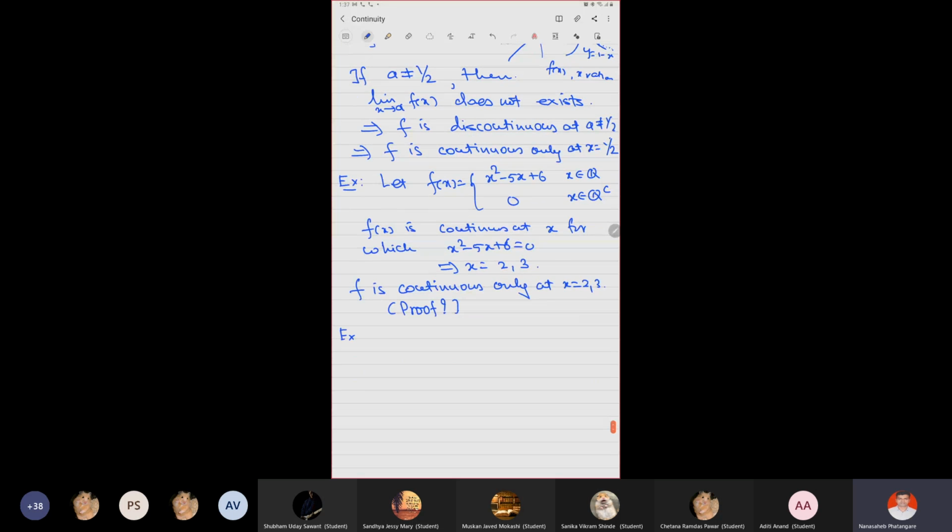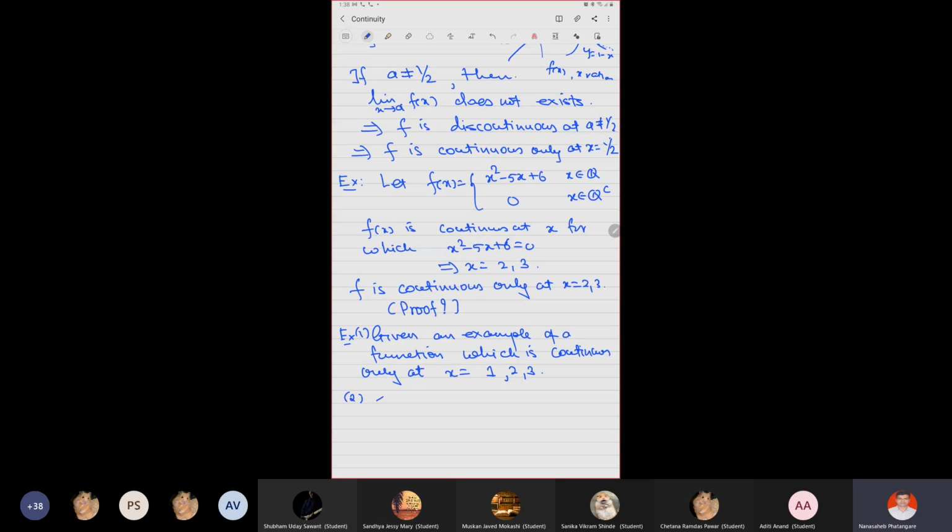And therefore, give an example of a function which is continuous only at x is equal to 1, 2, 3.